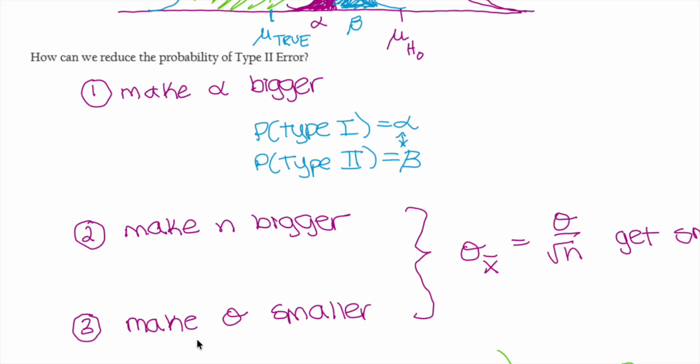And the third way is to make the standard deviation smaller. This is similar to the previous step: if you make the standard deviation smaller, the data are more tightened up and more clustered, and more data will align to the real hypothesis.